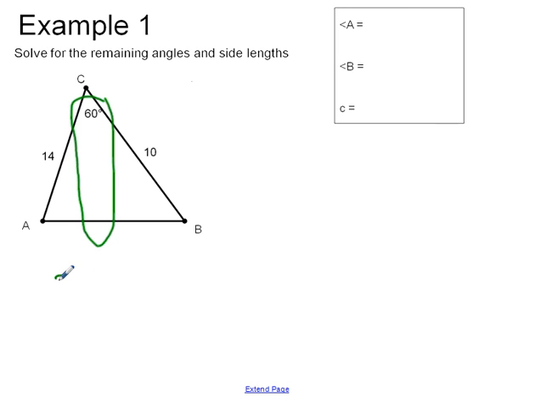So this is c, because it's the side length opposite of C. So c squared is going to equal the sum of the other two side lengths squared, minus 2. And like I said, the easy way to remember it is these inside numbers just repeat again. So minus 2 times 14 times 10 times the cosine of C, because it's C out here. Angle C is 60 degrees.